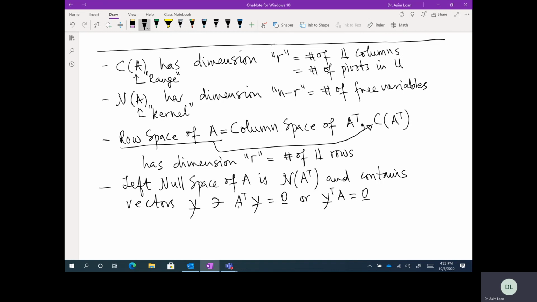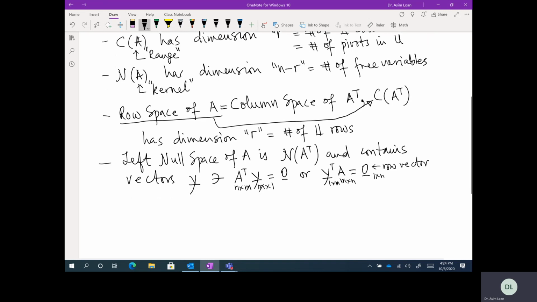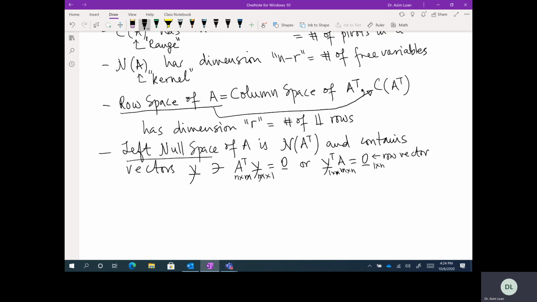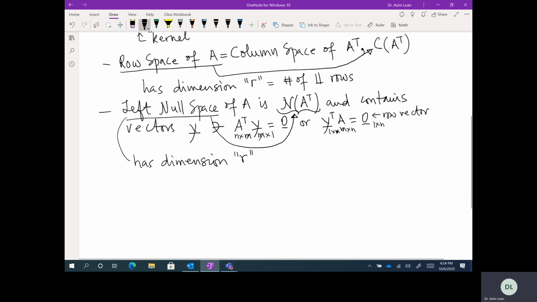Here A transpose is n by m and y is m by 1. Equivalently y transpose is 1 by m and A is m by n, so we have a 1 by n row vector. So this is actually a row vector. The left null space of A has dimension m minus r.